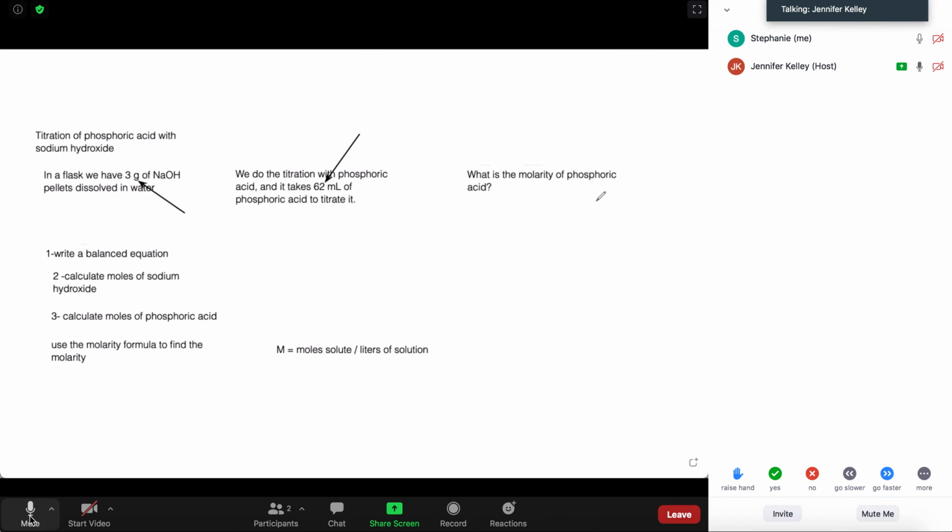So if I was to kind of draw the setup, it would look like this with the burette. So that's got a liquid in it. And then we've got our flask. And then we've got dissolved sodium hydroxide in there.